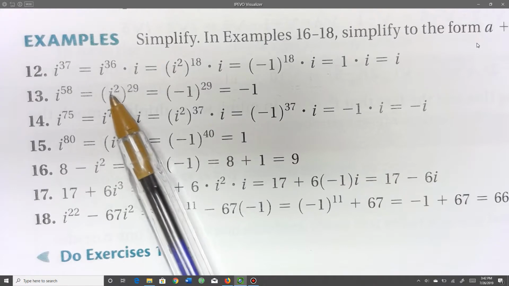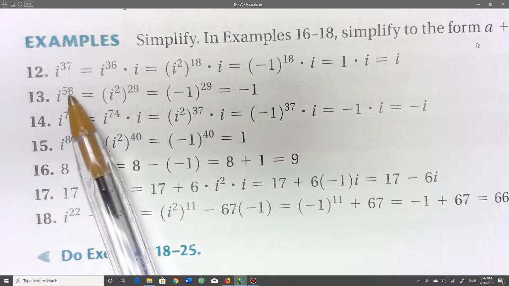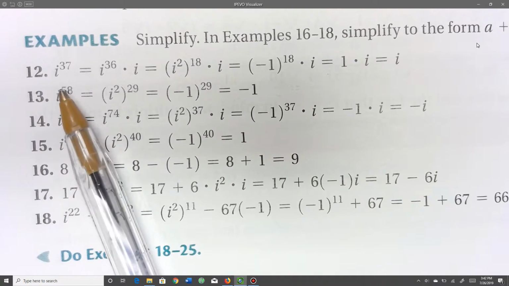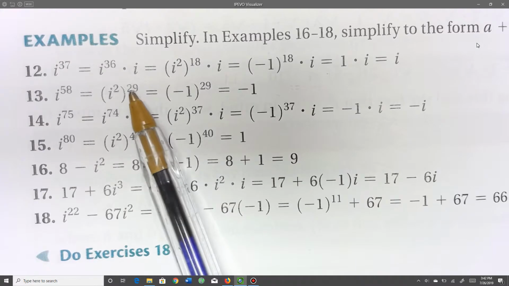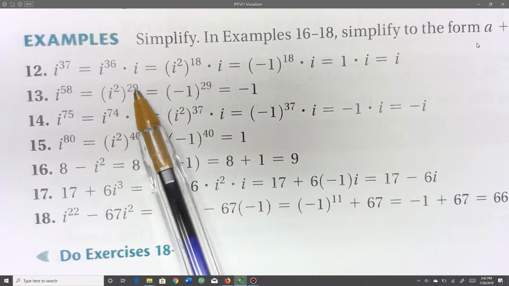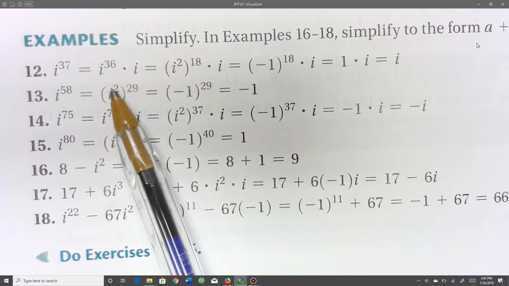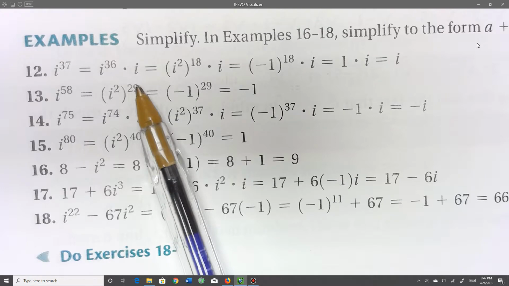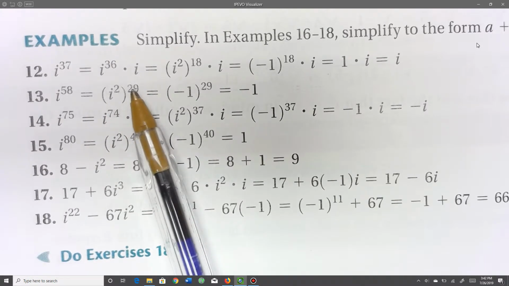Okay, notice that all you're doing here is just halving the 58, because 29 times 2 is 58. Okay, so 29 becomes the exponent of the exponent. Now 29 is outside.